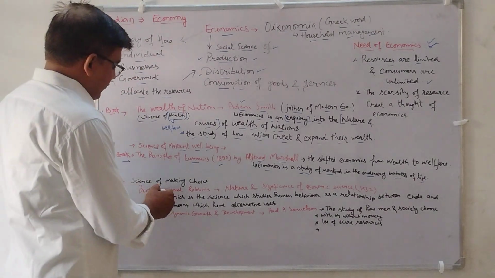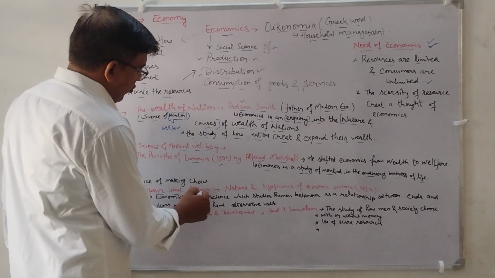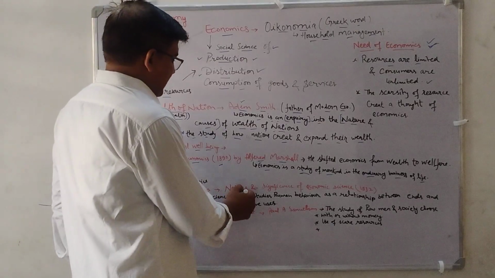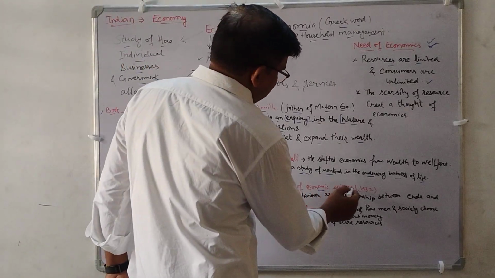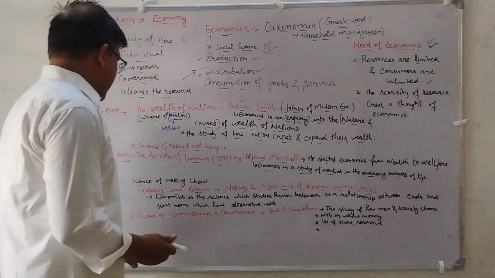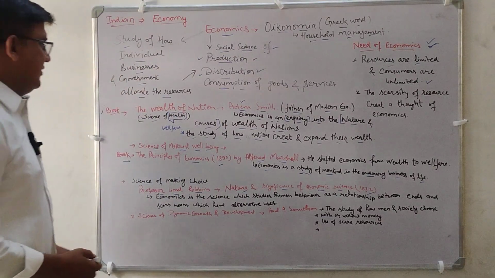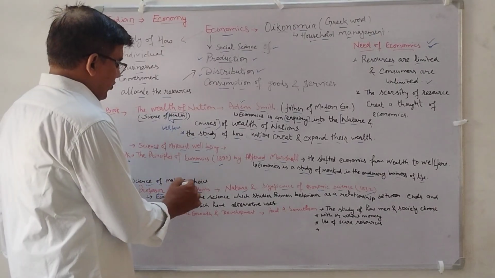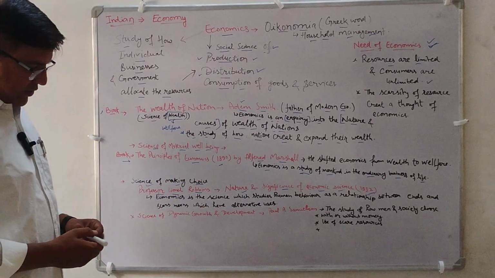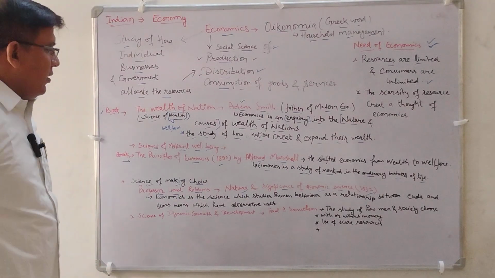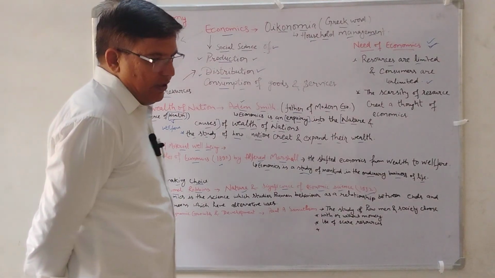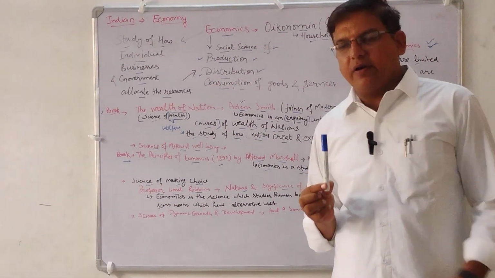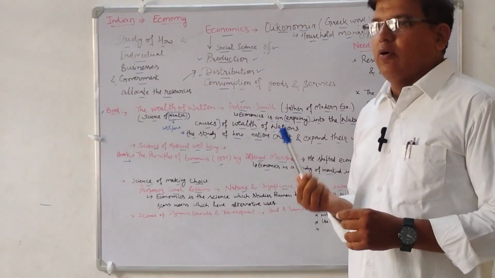Third is Professor Lionel Robbins. In his book, The Nature and Significance of Economic Science, in 1932, he changed the wealth into the science of making choice. Because if we have only one thing in a market, we have only one marker, we have to choose only this.